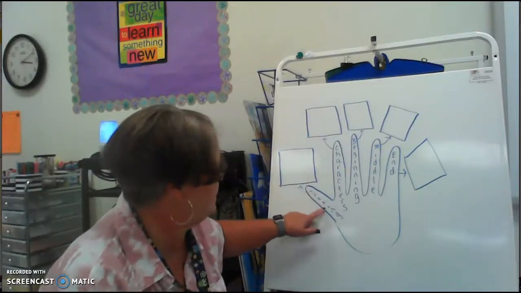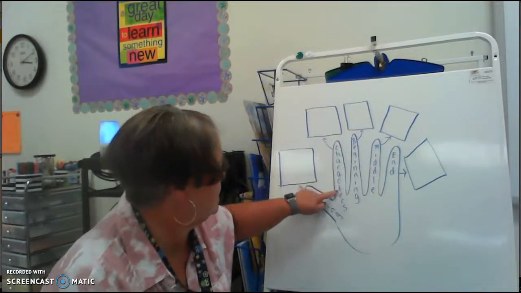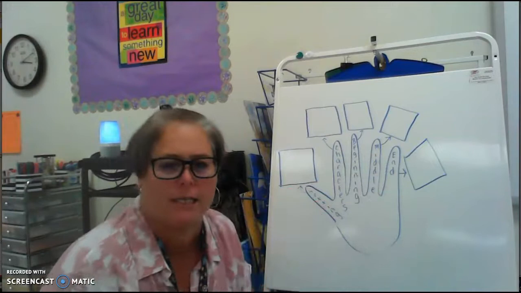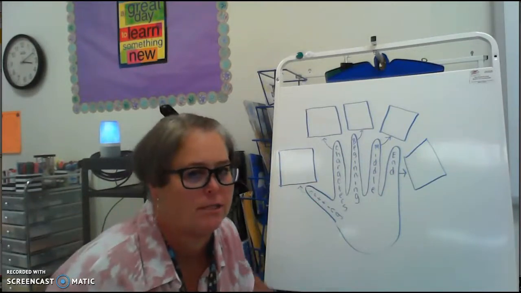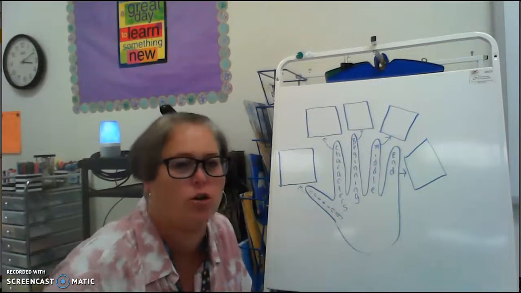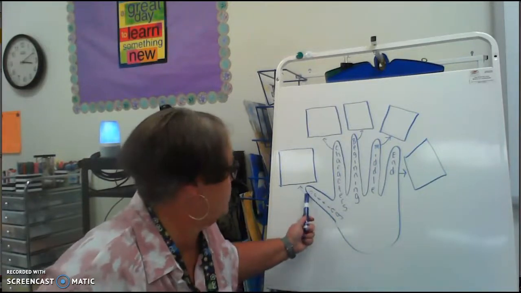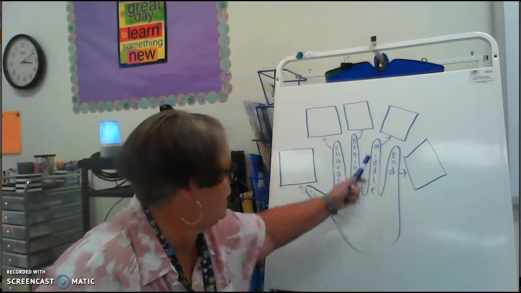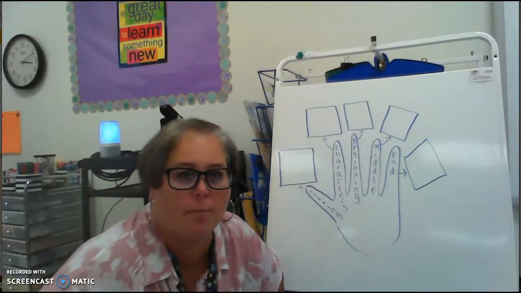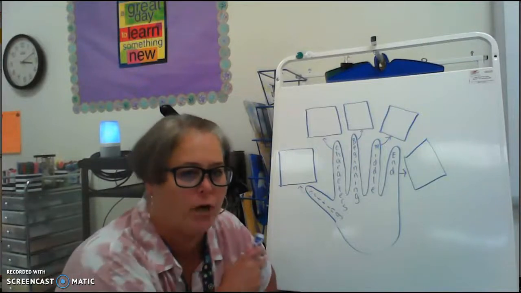Right here, this says setting. This one says characters, beginning, middle, and end. And if you can't see these, that's okay. I'm going to put a picture of this in your slideshow. But right now, trace your hand in your journal and write these words. Setting, characters, beginning, middle, and end. And then draw a box at each fingertip. Because as we read our story, we're going to fill this in.